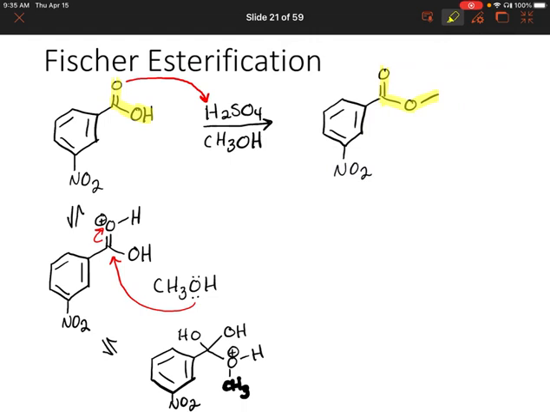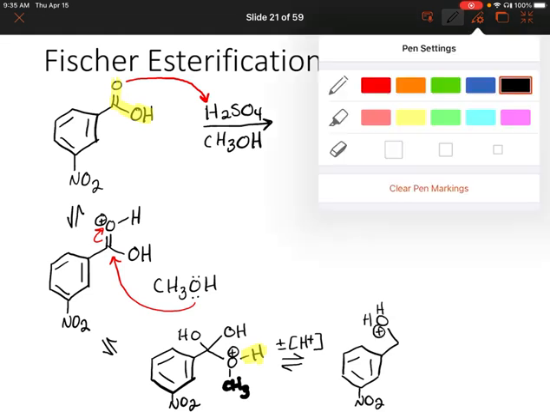I know methanol is an alcohol, but it's kind of hard to describe sometimes, but we're just going to move that highlighted hydrogen over to one of the alcohol groups up above. So we'll just write plus or minus a proton. Oops. Let's see, I got to draw my benzene ring first. There we go. All right, so now we have a good leaving group, which is our water group.